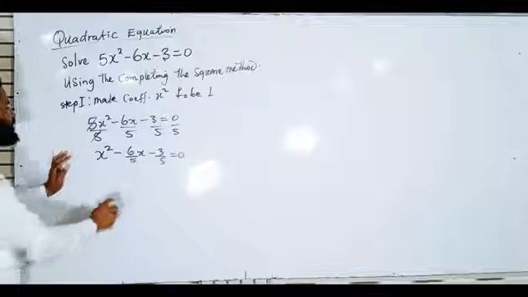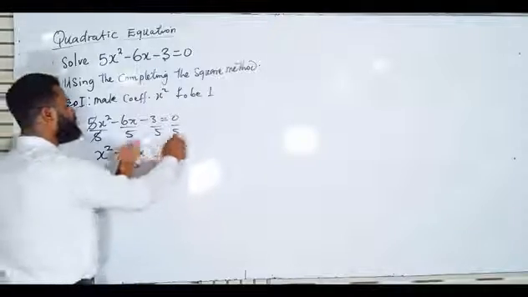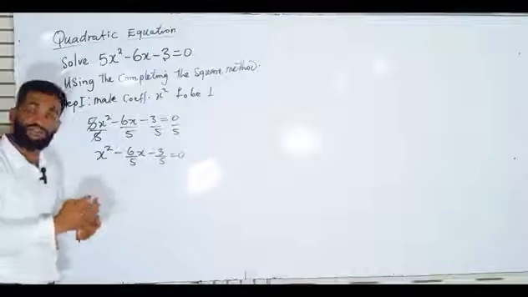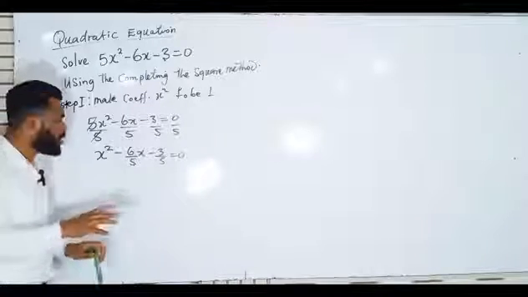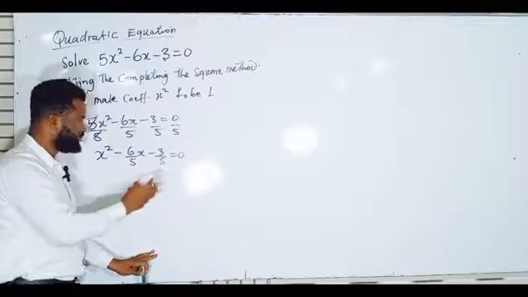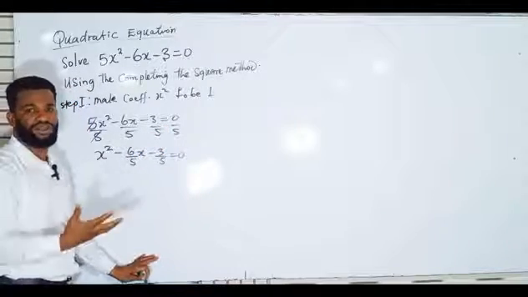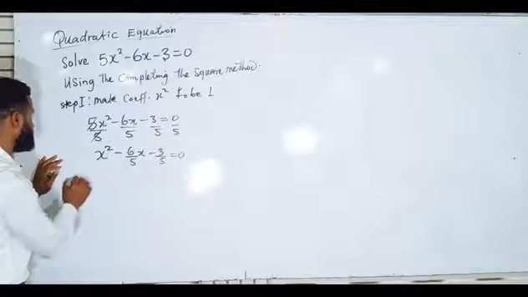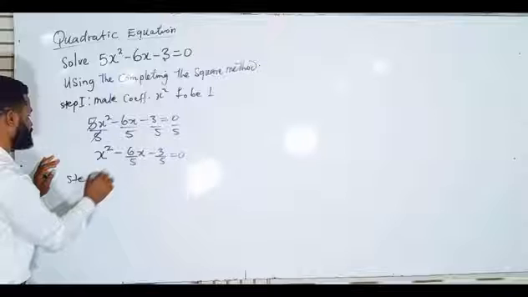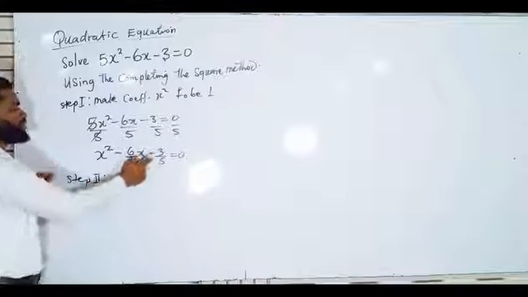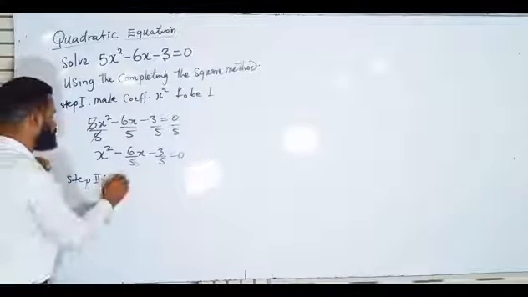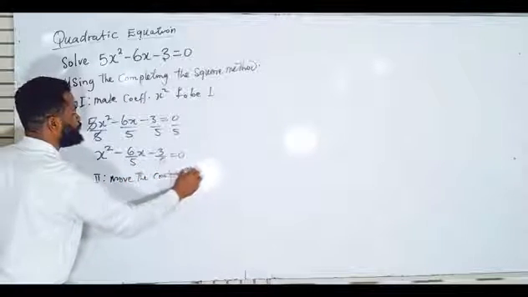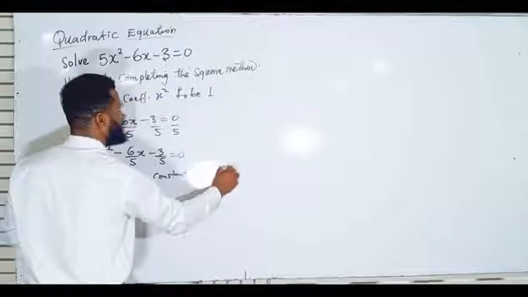Step 2 is to make sure that this constant is moved to the other side so that this left hand side will not be a complete perfect square. When I carry it to the other side of the equation, this side will no longer be a complete square. Then I will complete it. So step 2: move the constant to the right hand side.